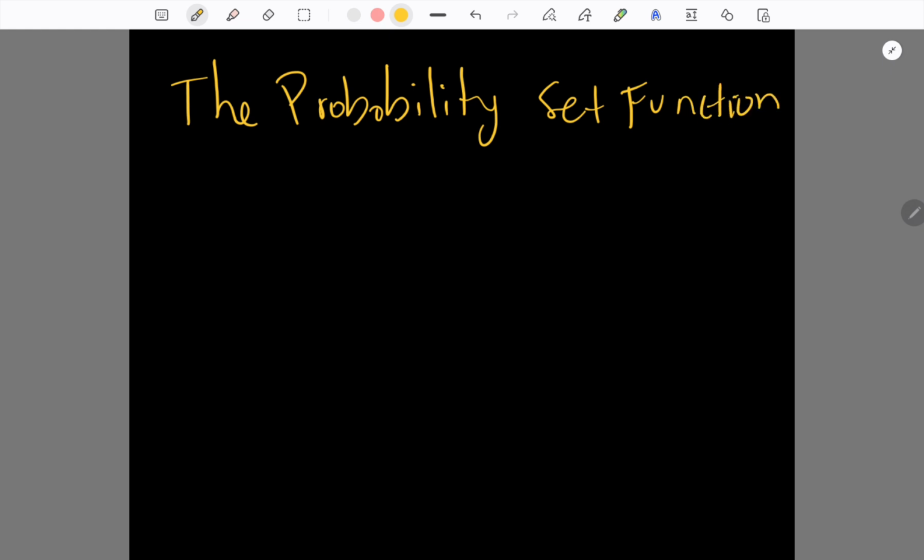Okay, we have a special collection. This one is a sample space. A sample space is a collection, and we need to define the events on that sample space.